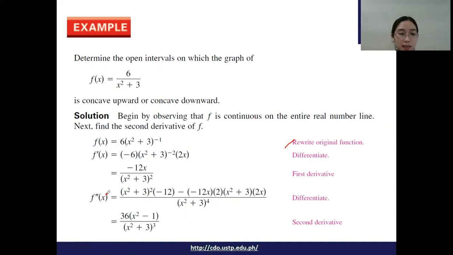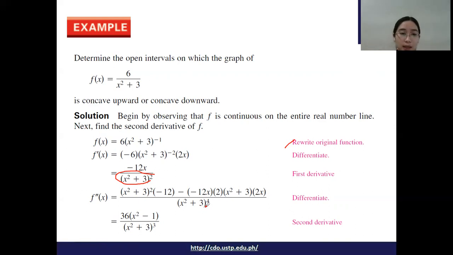So the second derivative now is: the denominator, quantity x squared plus 3 squared, times the derivative of negative 12x, which is negative 12, minus negative 12x times the derivative of the denominator, which is 2 times the quantity x squared plus 3 times 2x, all over the denominator squared, so the quantity x squared plus 3 to the power of 4.